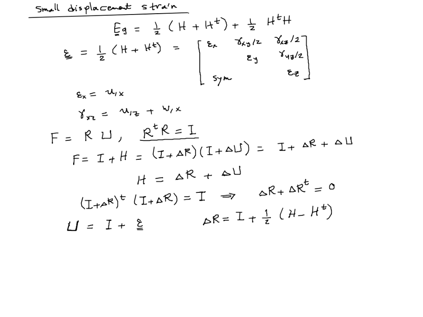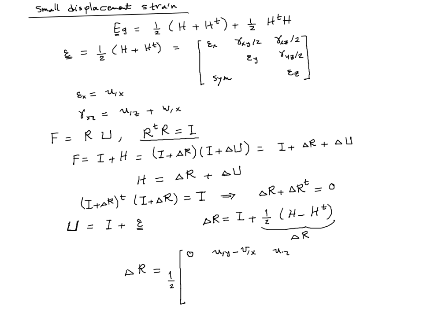Okay, so now let us look at this matrix here, which we call delta R, and see how it looks in components. Delta R will be equal to, of course, all diagonal elements are 0 because the matrix is skew symmetric. This would be u comma y minus v comma x.